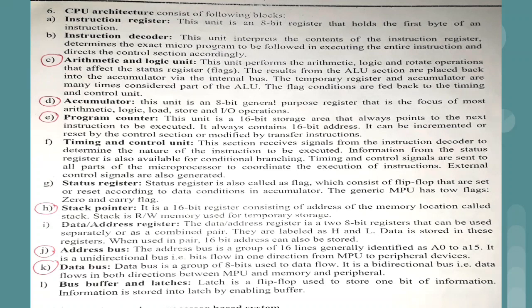Then the next component is the data or address registers. The data or address registers are nothing but 8-bit registers, and we have different pairs. In the data and address registers, we are going to use one important pair, that is HL. H and L are the names of the registers.